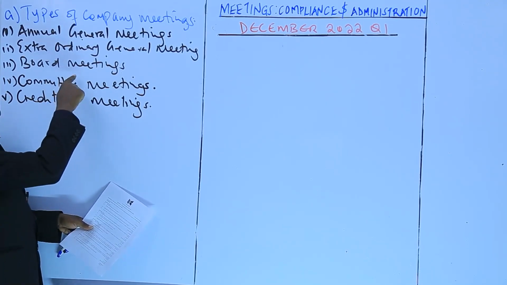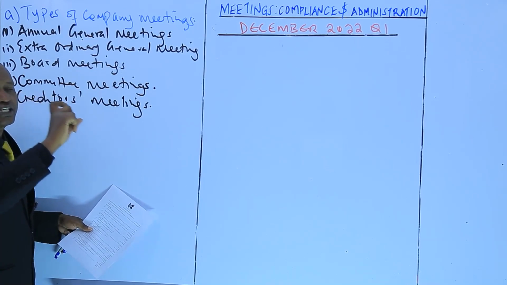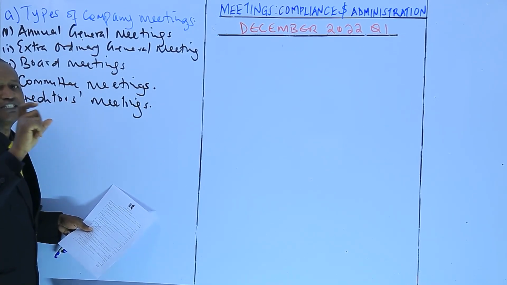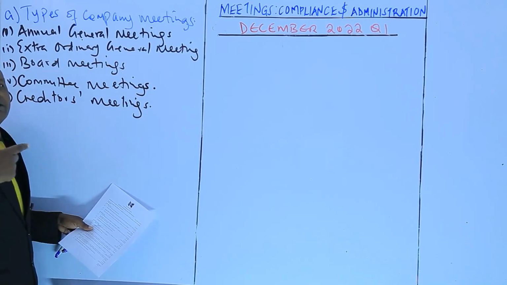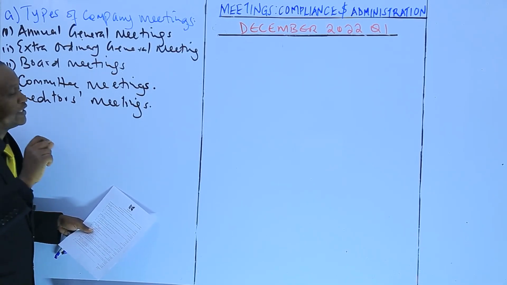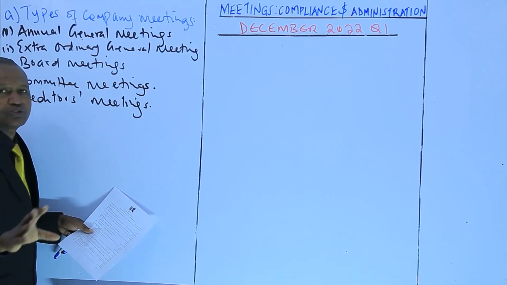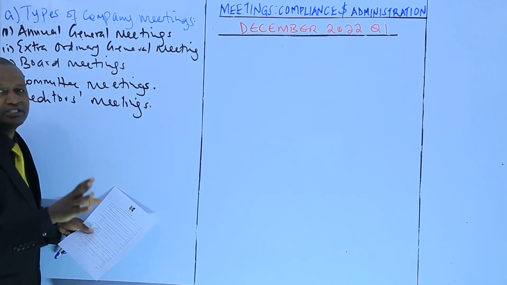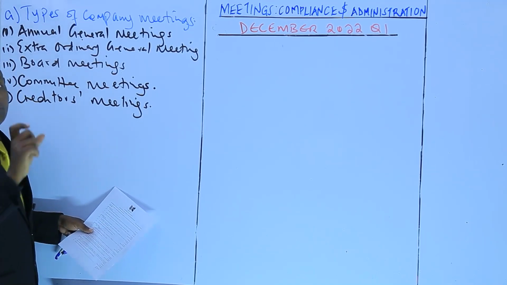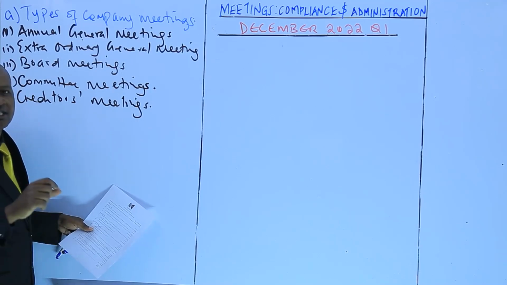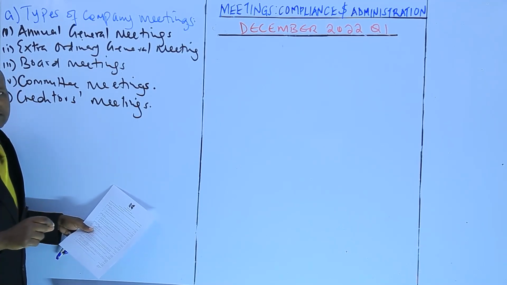So a board meeting is a meeting that is held by the directors of a company, and such meetings are essential for effective management and oversight of the company. I know you've learned a lot in boardroom dynamics in relation to board meetings. All right? Then there are the committee meetings, board committee meetings.